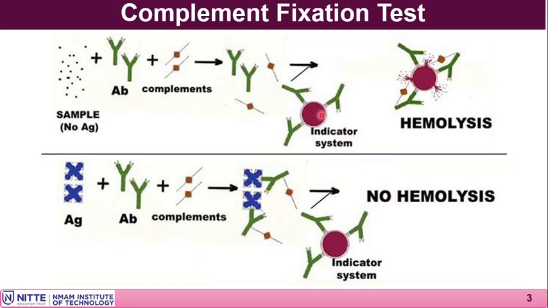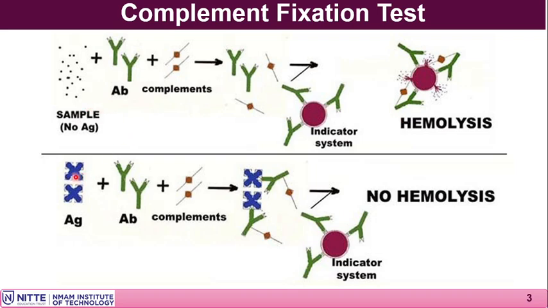By using an indicator system, which is nothing but the sheep RBC readily bound to the anti-sheep RBC, which shows a positive reaction by undergoing hemolysis if the test sample is negative.